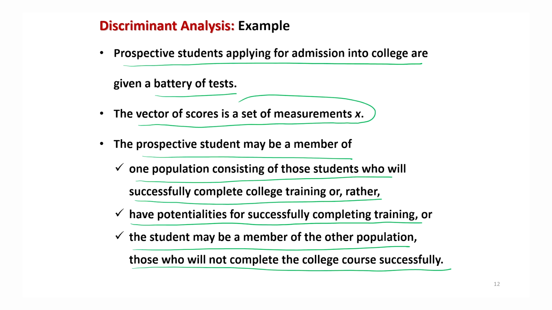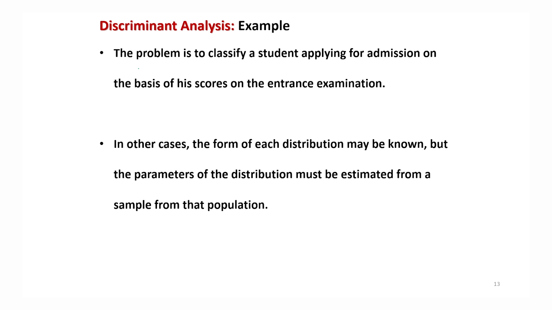And based on the level of education, they try to classify different sets of students as those who are selected and those who are not selected. So the problem is to classify a student applying for admission on the basis of his scores on the entrance examination.